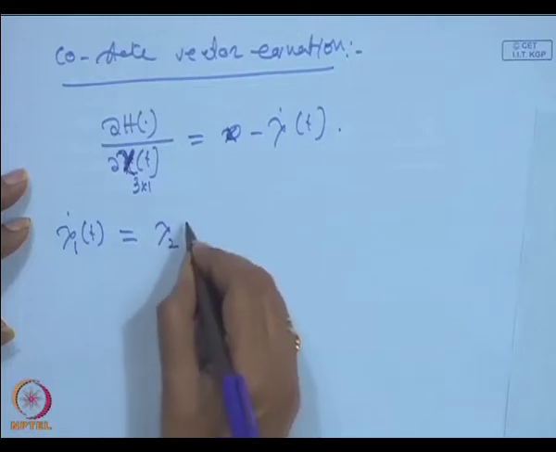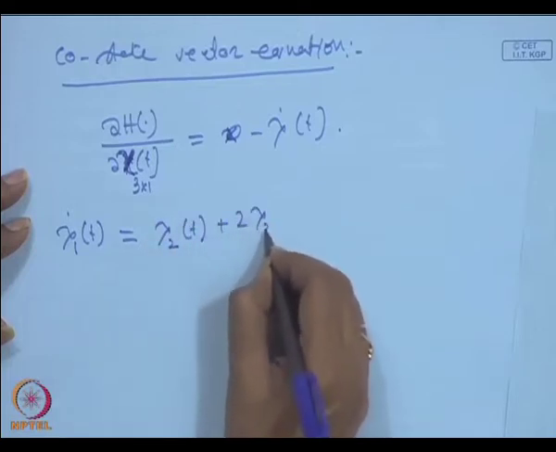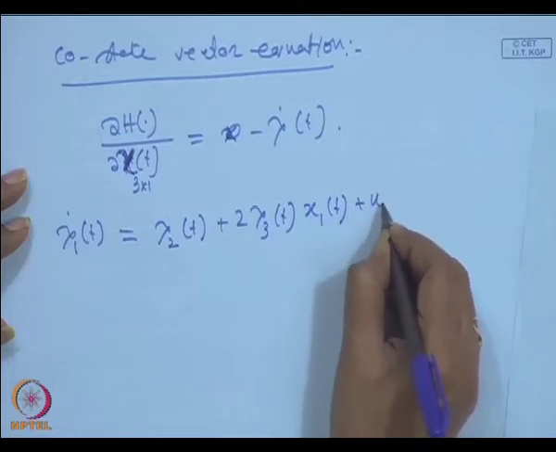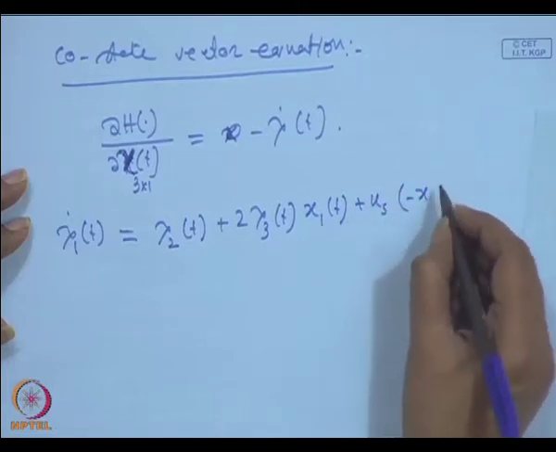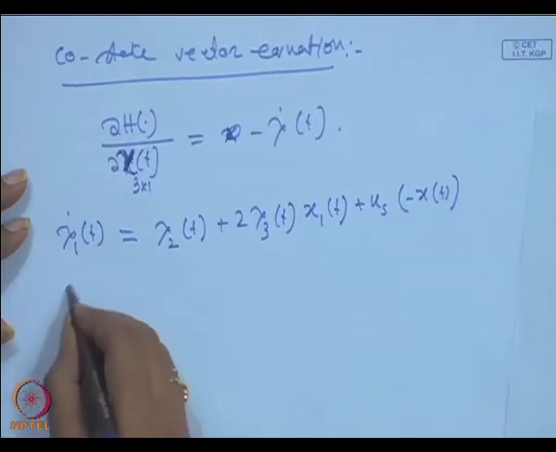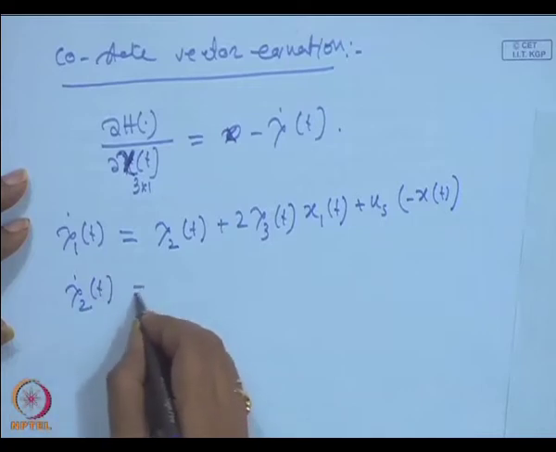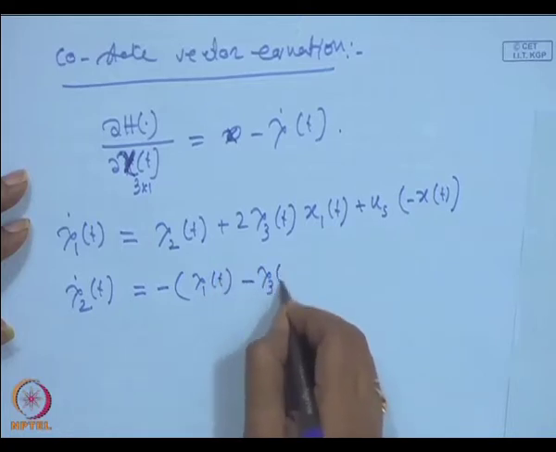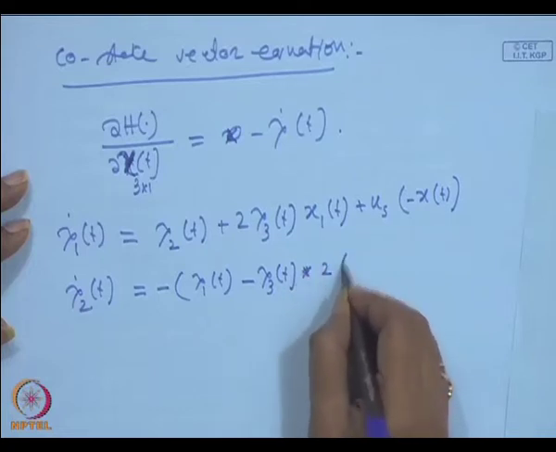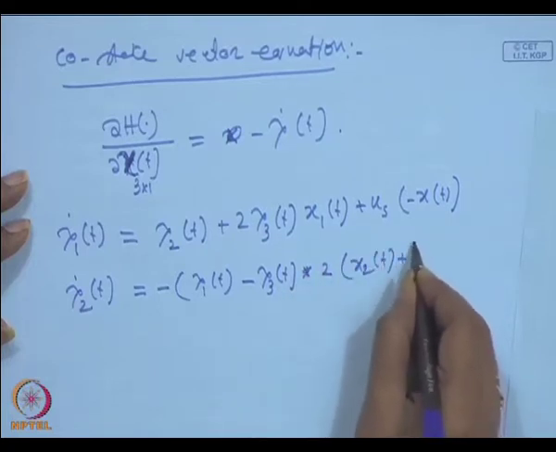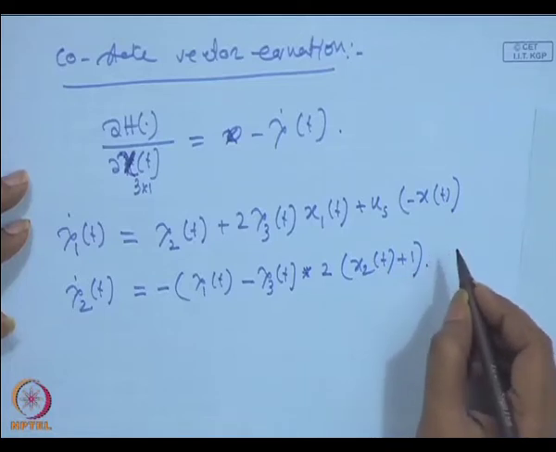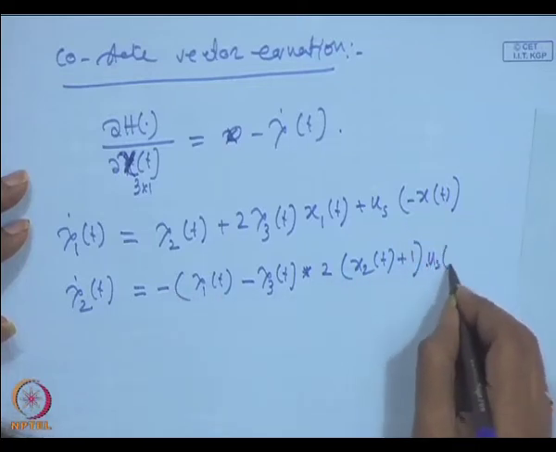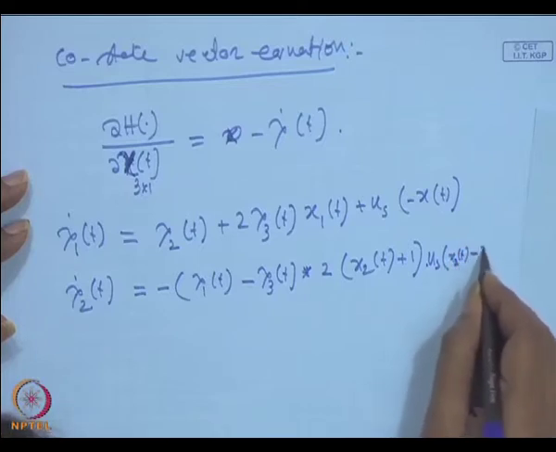that will finally come this way: lambda 2 plus twice lambda 3 of t into x 1 of t plus u star minus x of t, then lambda 2 dot of t is equal to, you will get, minus lambda 1 of t minus lambda 3 of t into 2 x 2 of t plus 1 into that bracket, which is this one, into u star x 2 of t minus 2.